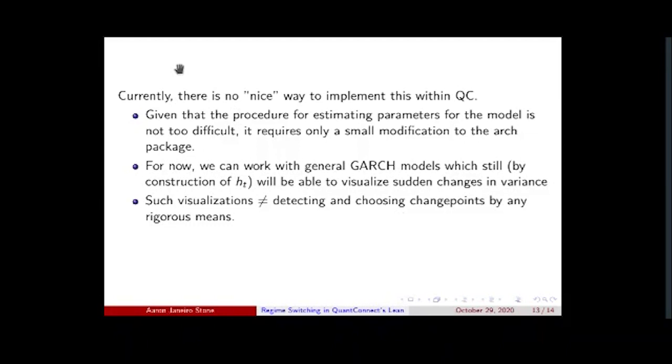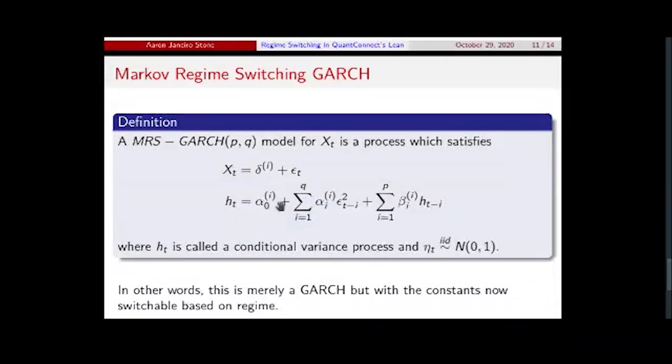It wouldn't be too hard to implement, and indeed it's something I'm looking at to implement this specific model within Lean, because it's rather similar to what we already have with the Arch package. It's really just changing the constants around given if we're in a particular regime or not.